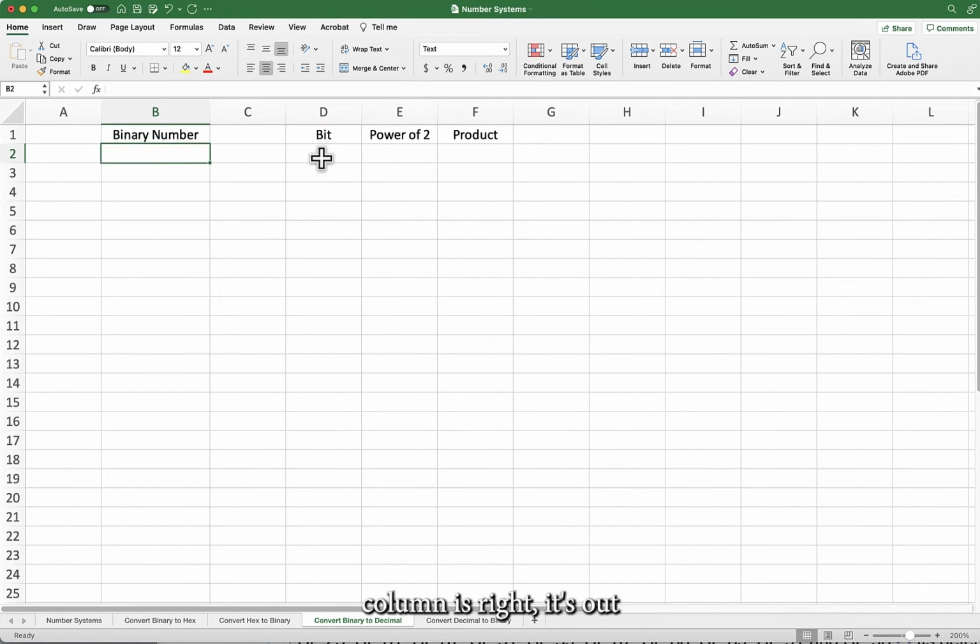The second column is to write the bits out going from right downwards, and we're writing the powers of 2. We're going to apply the bit value, which is 1 or 0, times the power of 2 product, and we're going to sum everything up.